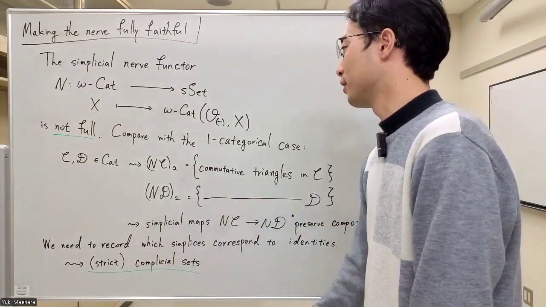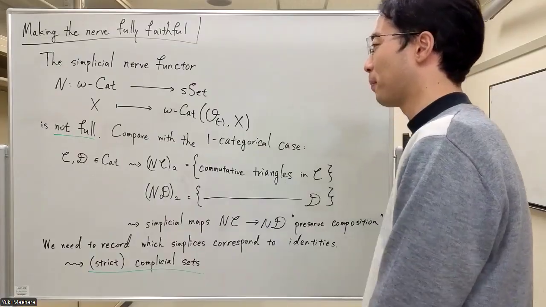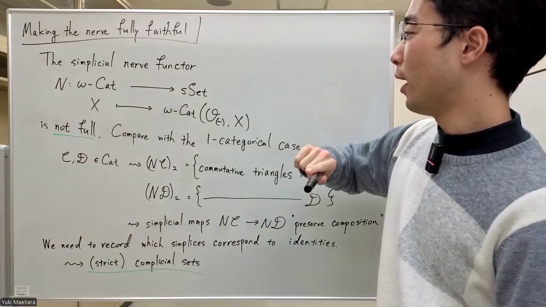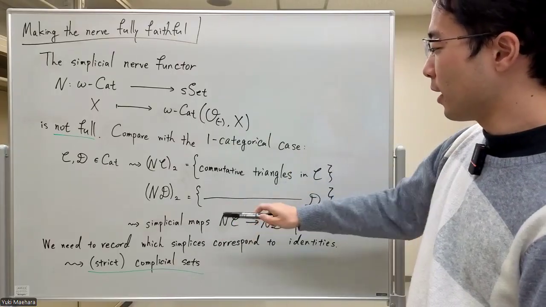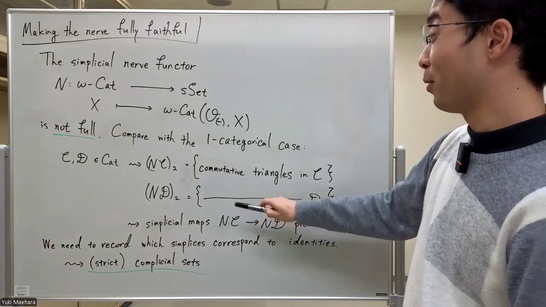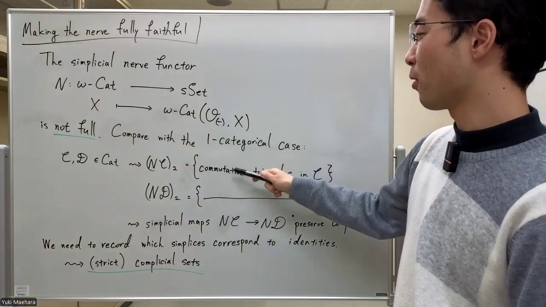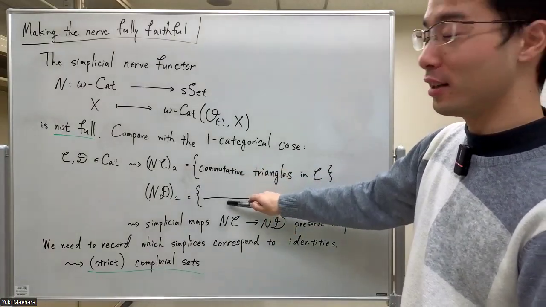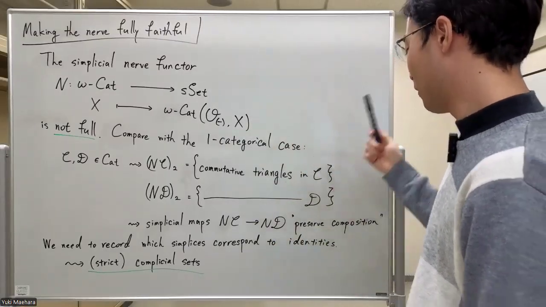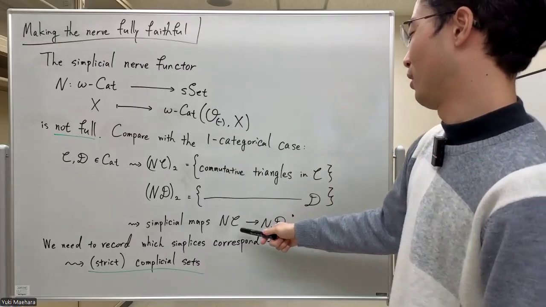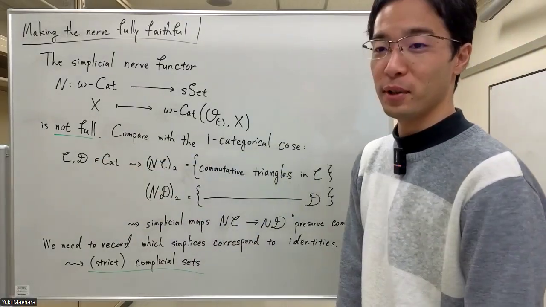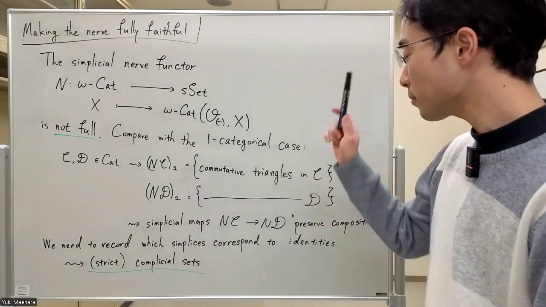And the identity is coming from the degeneracy part. So in that sense, because any simplicial map would send commutative triangles in C to commutative triangles in D, it would preserve compositions, and so it will have come from a functor between these categories.